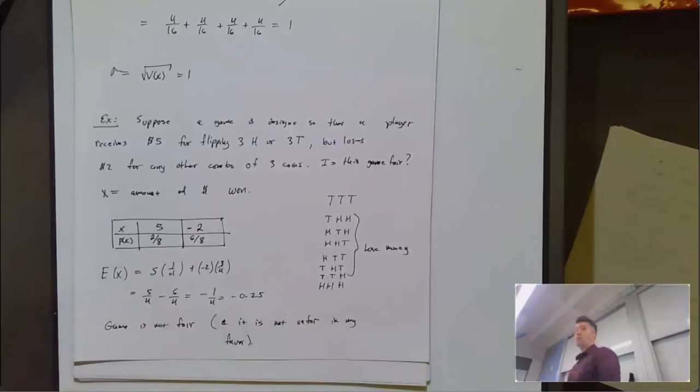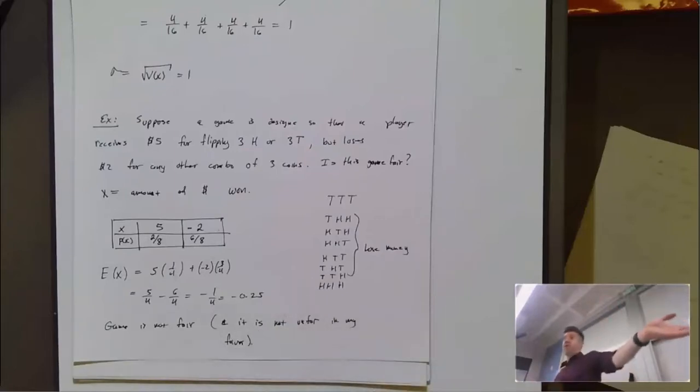Right, so I should just point out, if things were the other way around and the expected value ended up being like positive 50 cents, I still wouldn't say that the game is fair. I would play it because I'm going to win money, not a lot, but it's not a fair game, because a fair game is one where your expected value of winning is $0. Specifically, it wouldn't be a good idea to play this game, because over time you would expect to lose 25 cents every time you play it.